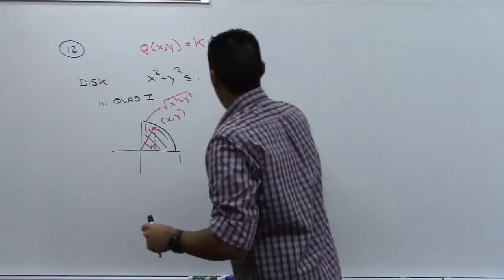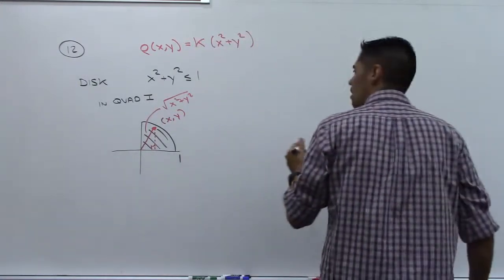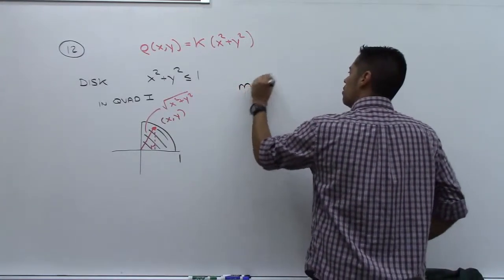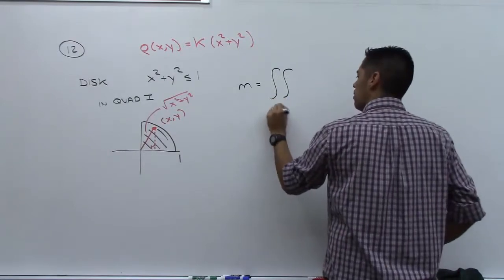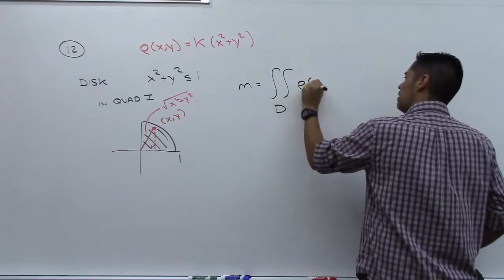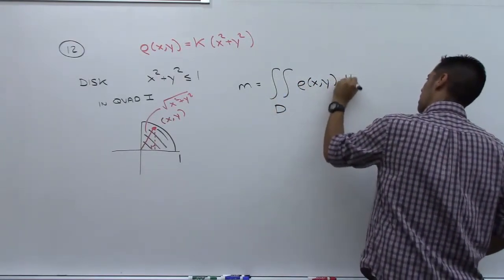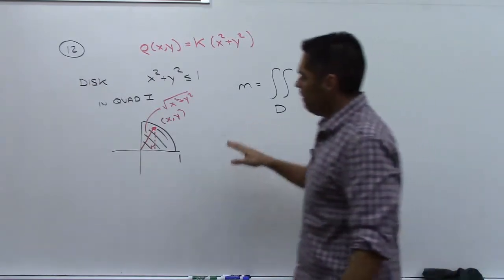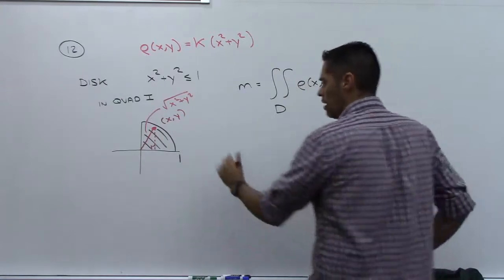So let's now talk about the mass. The mass of a lamina should be the double integral over the region D of the density function with respect to area. So I need to somehow determine what kind of region I'm looking at. That looks like a really good polar region.